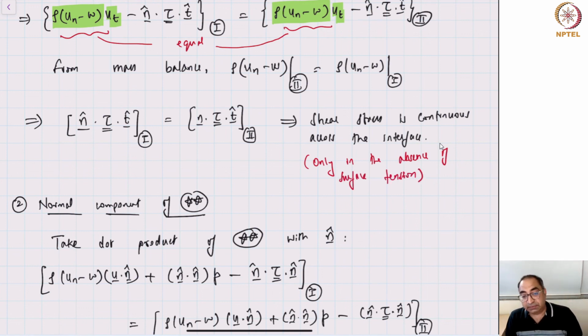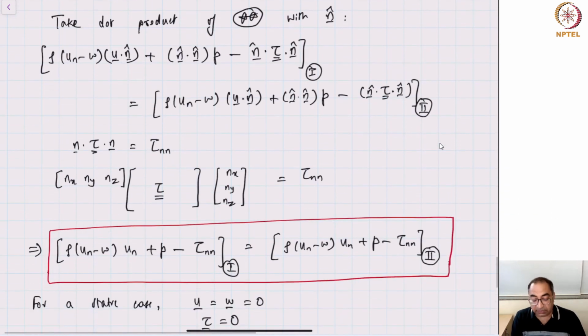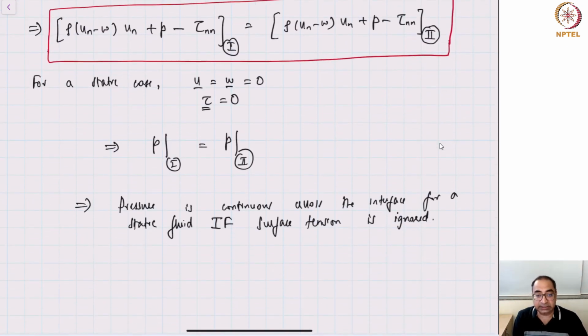We will see that even in the presence of surface tension, this term can still be continuous, but surface tension has to satisfy some conditions. To get the normal component, we took the projection of that momentum jump condition in the normal direction, and we found that for a static case where there is no motion, the interface is not moving, the pressure is continuous across the interface. Again, only if surface tension is ignored.